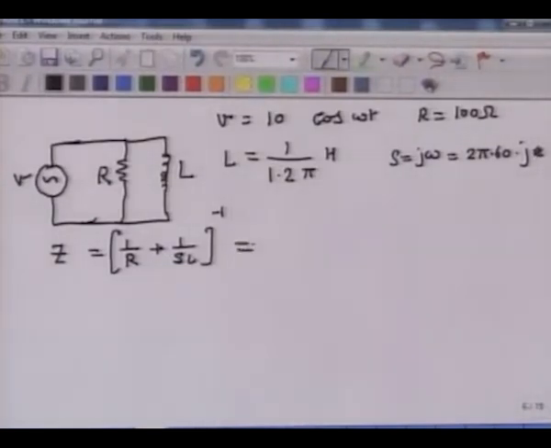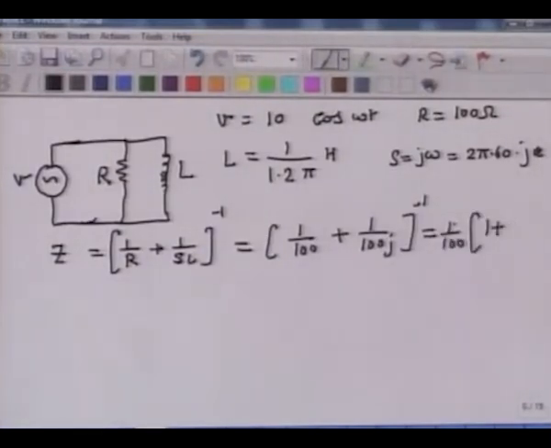So my Z becomes, if I do the math, 1 over 100 plus 1 over 100j, and then I have to take the inverse of this. That equals 1 over 100, I take it out, 1 plus 1 over j. So then I have to do the inversion of this entire thing. So my impedance is 100 over 1 minus j.